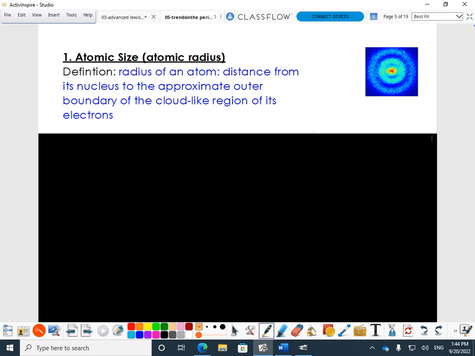Okay, so as you go down a family, we start with atomic radius because, of course, as you go from period or row 1 to period or row 2, etc., you have more shells or orbits or energy levels, which you would have talked about that pattern at least in grade 10, maybe even in grade 9.